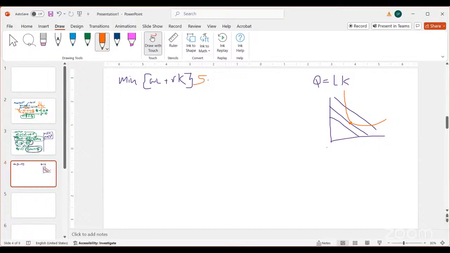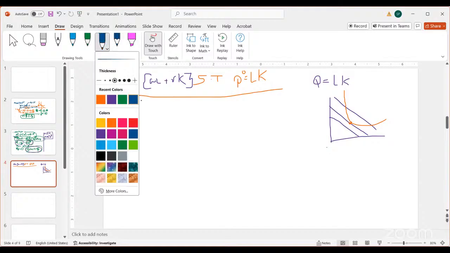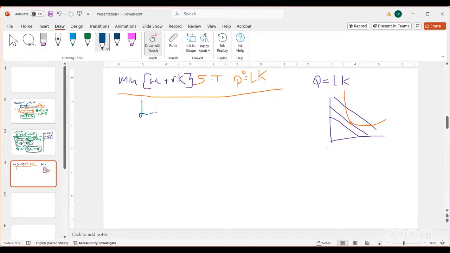This happens subject to a given amount of output. This is the production function. The example I gave you, Q equals LK. So now the problem is not a single equation. And last time what we introduced, we have to write the Lagrangian function, the Lagrangian equation.